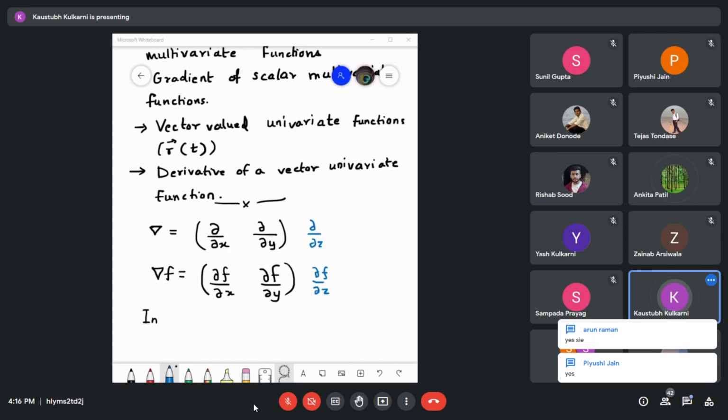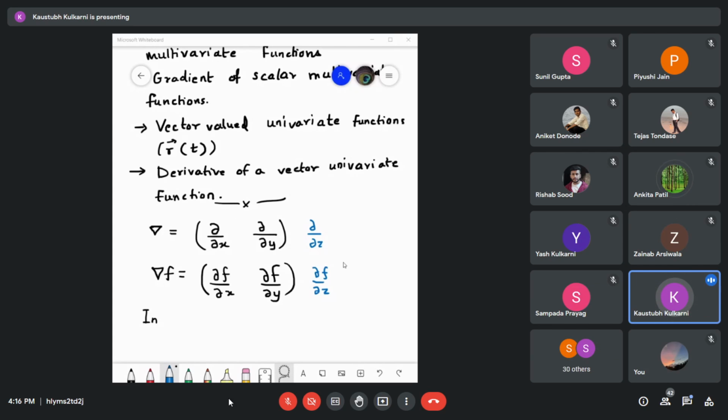This operator can be generalized for up to, let's say, n variables. So we'll see the generalization in a short while.